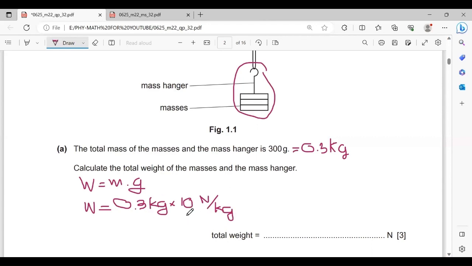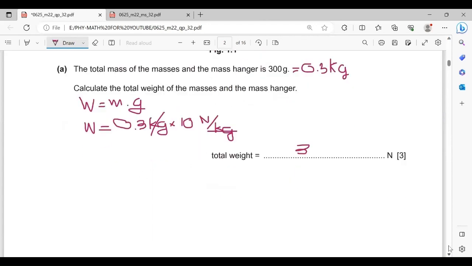Because this is the gravitational force of the Earth. Kg over kg cancel, divided becomes 1. And 0.3 times 10 equals 3. So the answer is 3 newtons. Okay, continue.